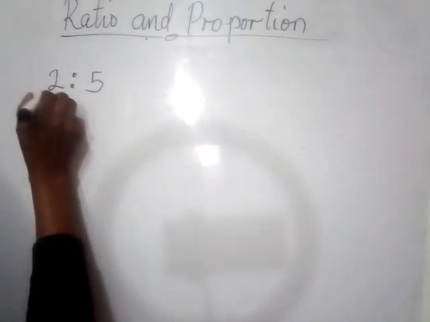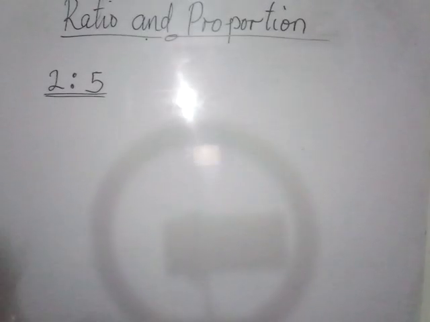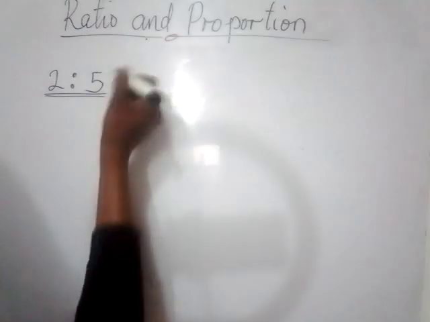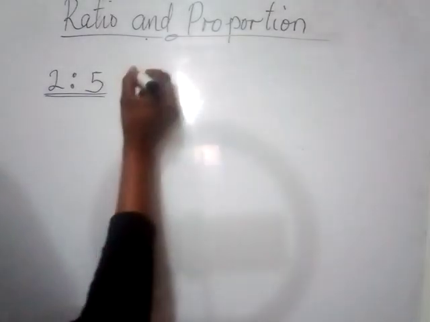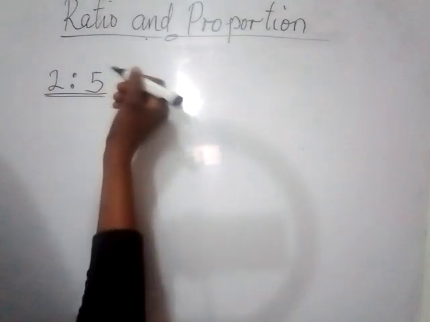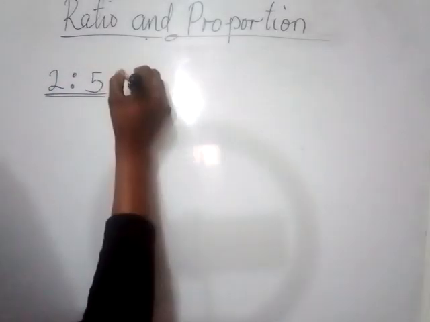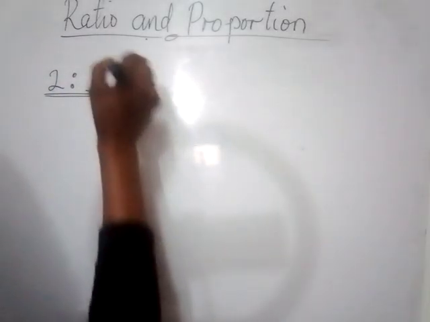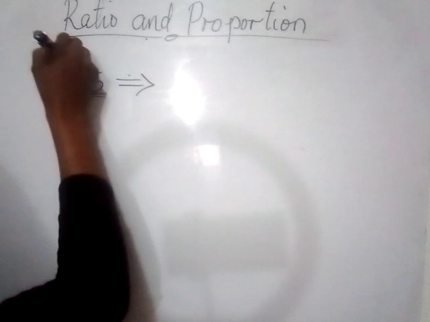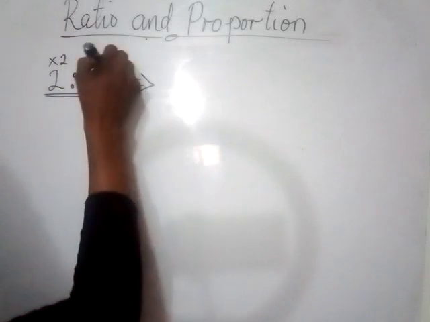So let's add some examples. One example here is ratio 2 to 5. Now how can we build the equivalent ratios of this ratio that we have here? We can start with 2, for instance. Multiply the two numbers by 2.